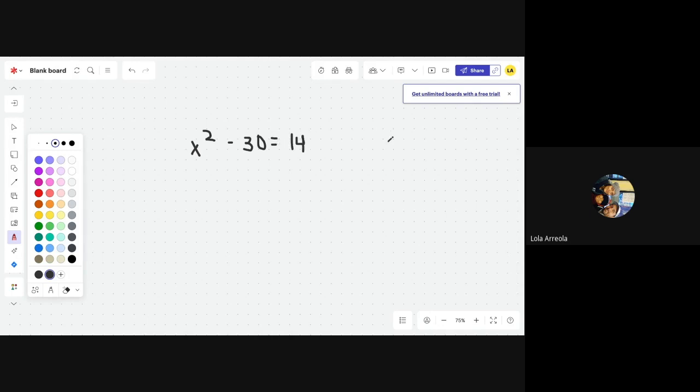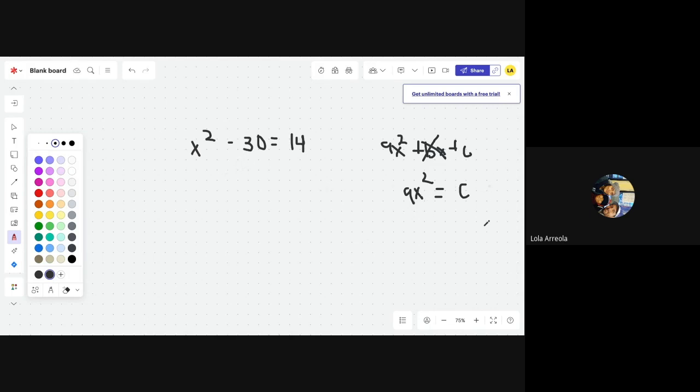So again, since I don't have that bx term, since I don't have this middle term, I'm basically just doing ax squared equal to c, and then just solving for x. So that's what I'm going to do.